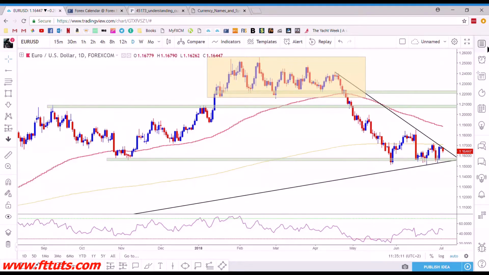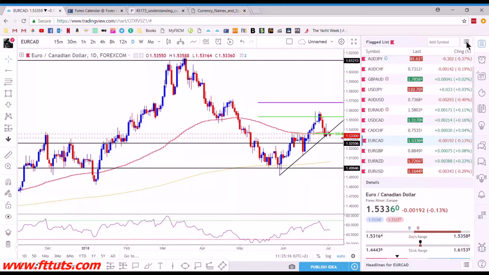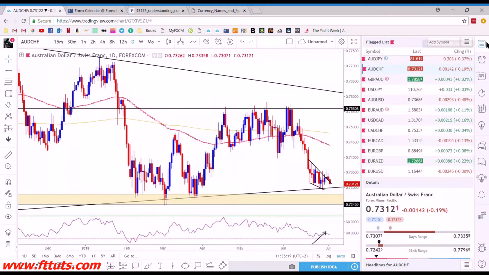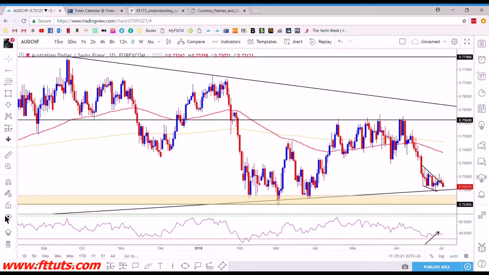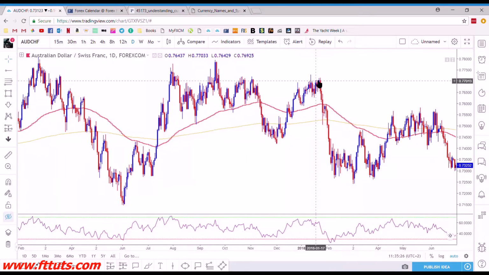If we take another example, let's change a bit. Aussie Swiss. So Aussie Swiss, we can see price here went down a lot, and it's either the Australian dollar crashed or the Swiss franc put on a lot of value, or either both.